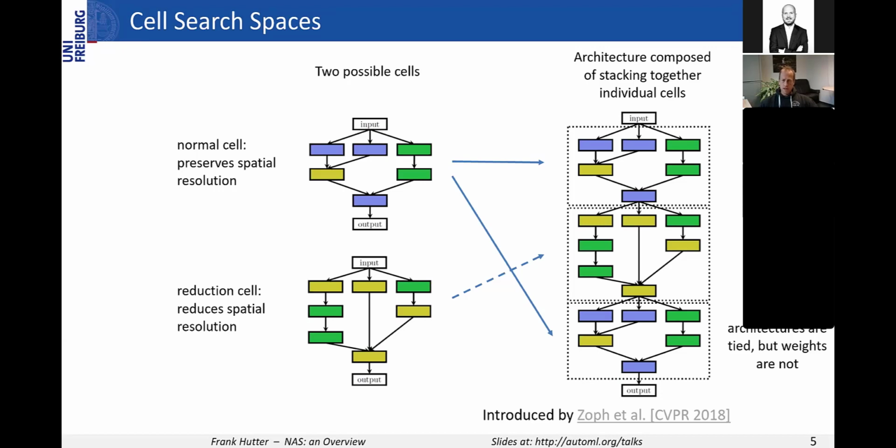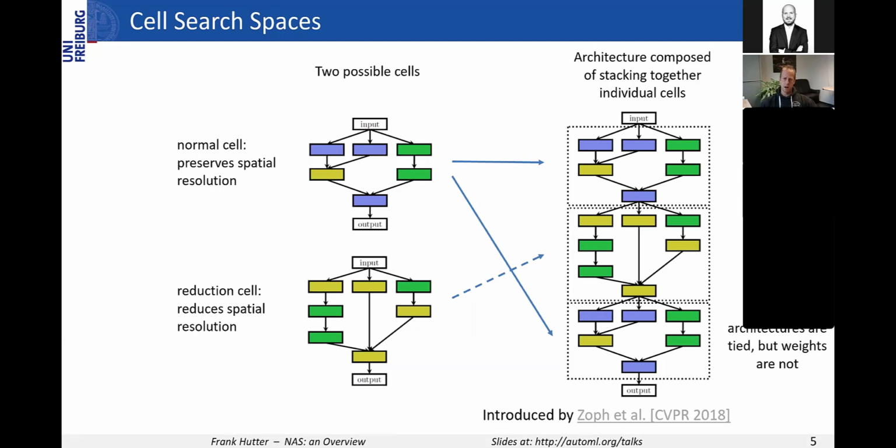A note here is that these cell architectures, so this cell and this cell, share the architecture. They have exactly the same architecture, but the weights of this part of the network and of this part of the network are not shared.